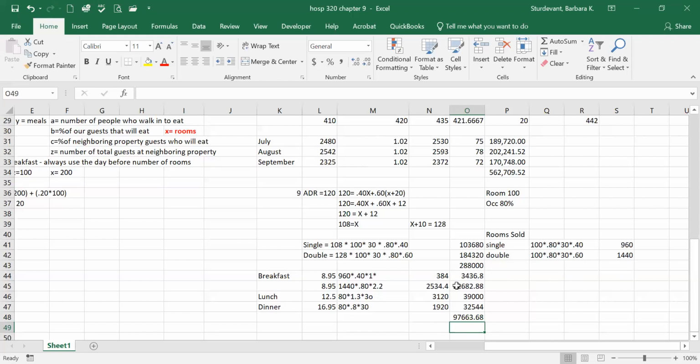So those are your breakfast, lunch, and dinner. And that's a really good example. It pulls together the ADR stuff that we did last chapter and brings in your ratios with your occupancy percentages, kind of pulls everything together.